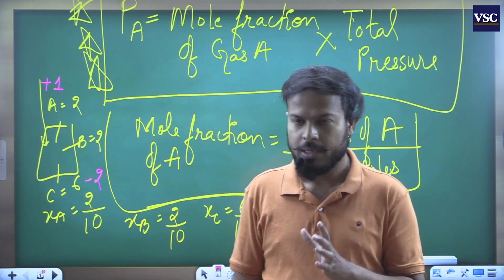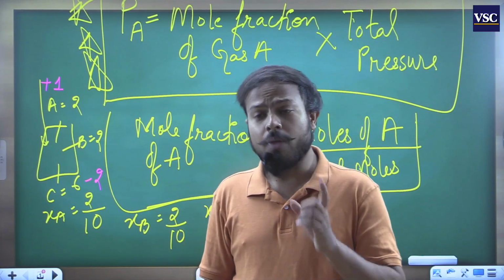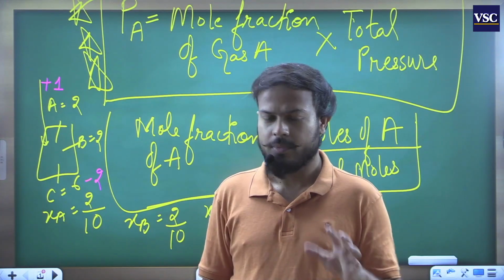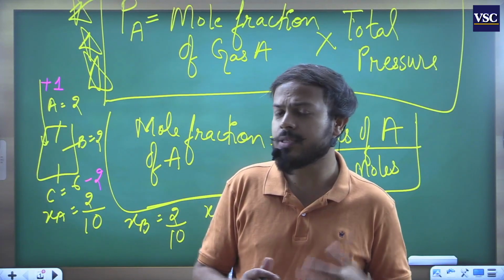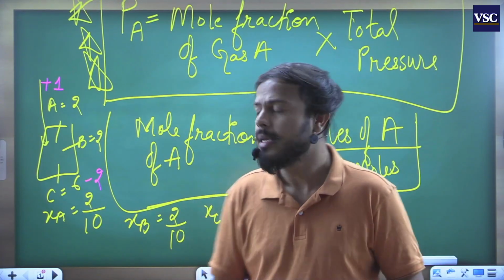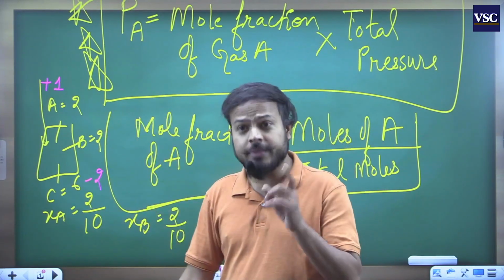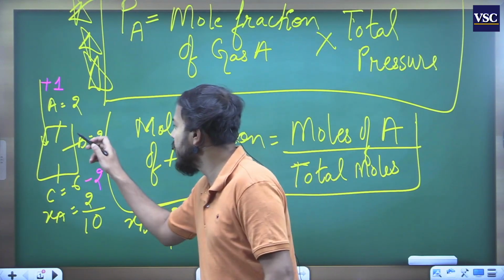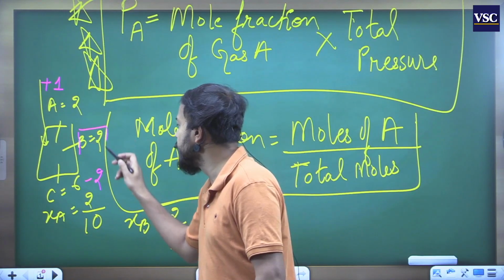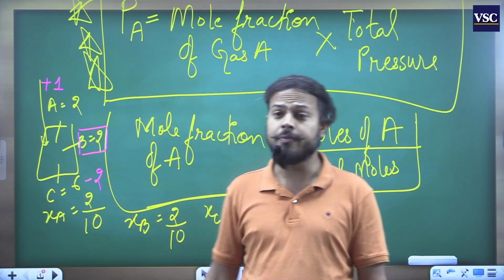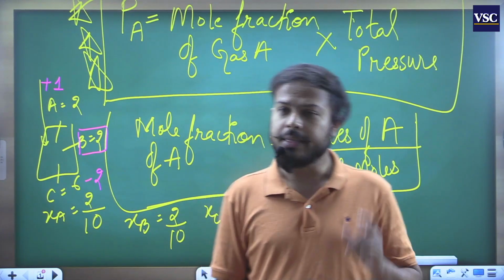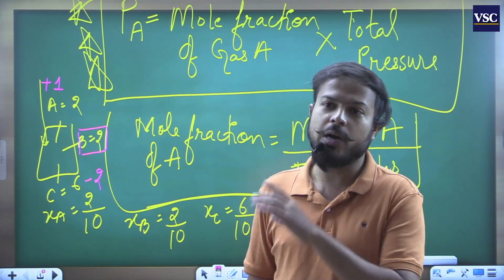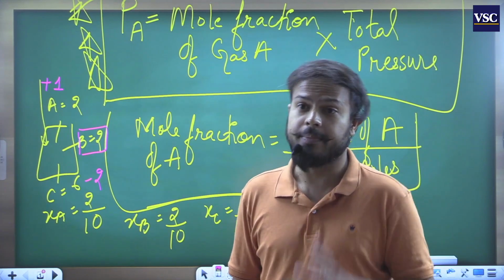Just remember, if you add or remove the moles of any gas, then the partial pressure and total pressure of that gas will change. But for the one which you have not altered or affected, the partial pressure before and the partial pressure right now will stay the same.